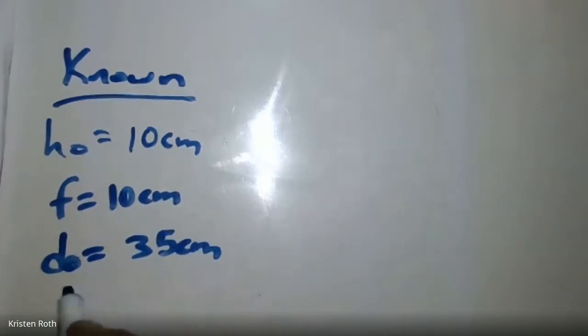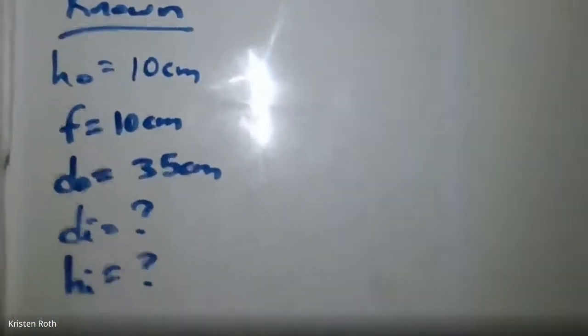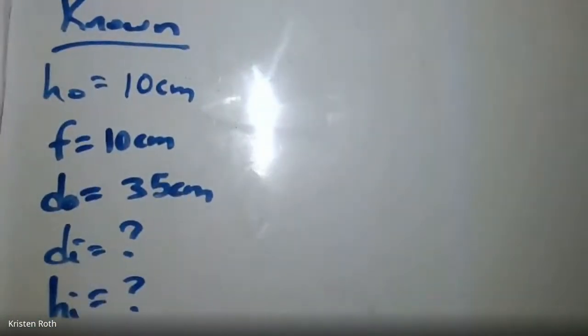And this question is asking us for di, and it's asking us for height of image, okay? So part one is finding di, okay? And we are looking at a diverging lens, which means that it's going to be virtual images, okay?